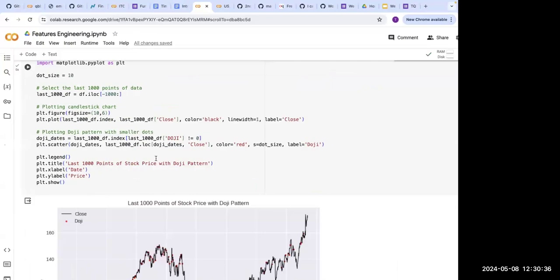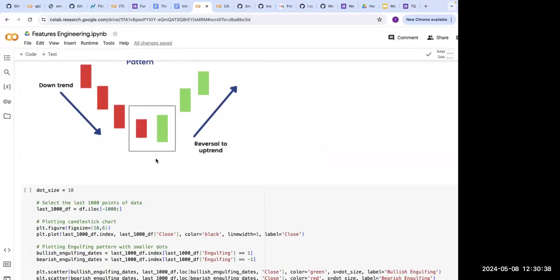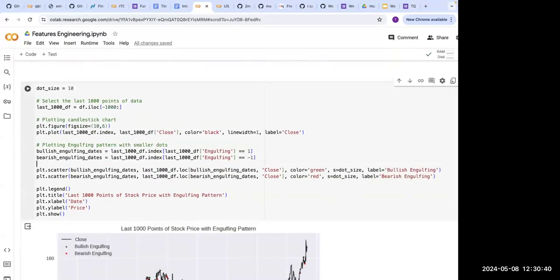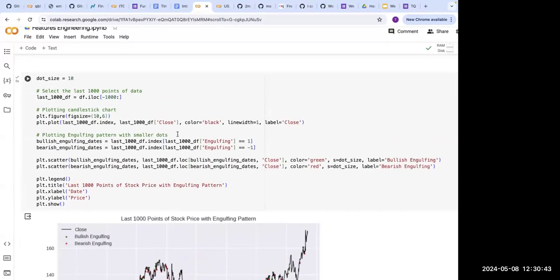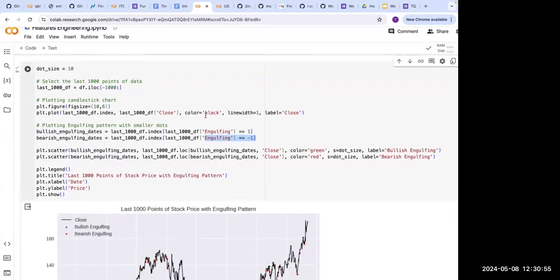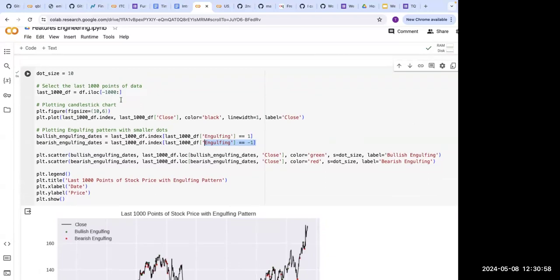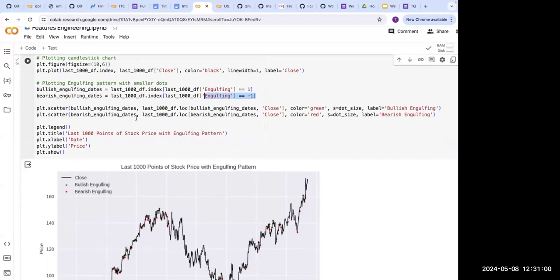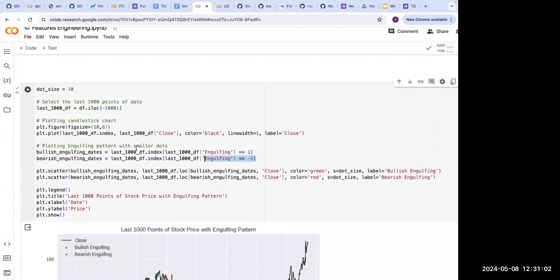After you run that, let's see how the pattern looks. Bullish engulfing dates is where your engulfing was 1, and bearish is the dates where engulfing was -1. And I'm just plotting the last 1,000 points of data so that we can see it better.